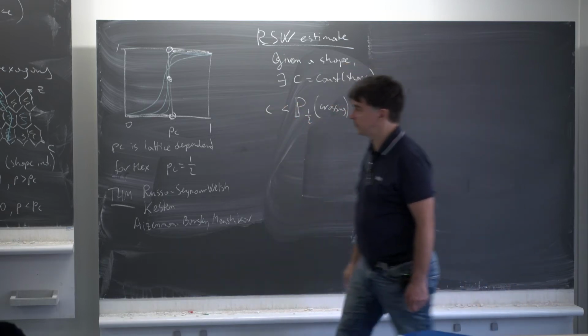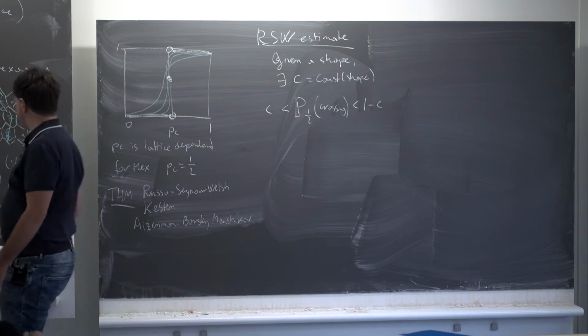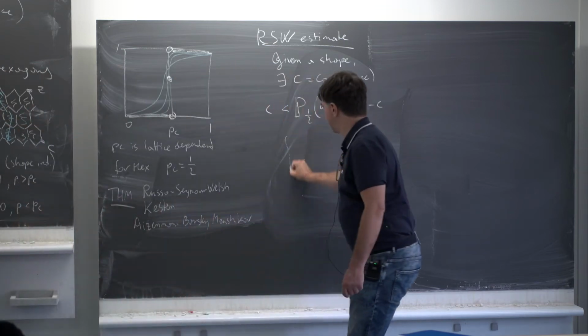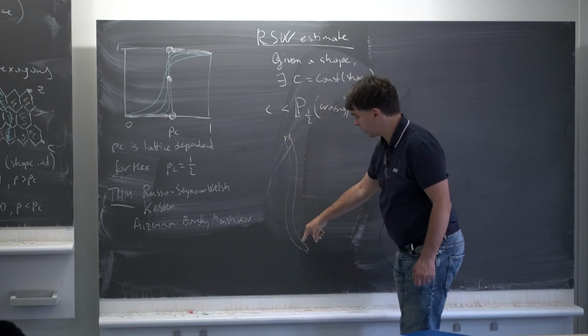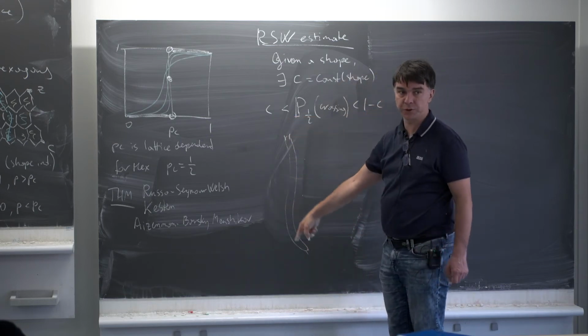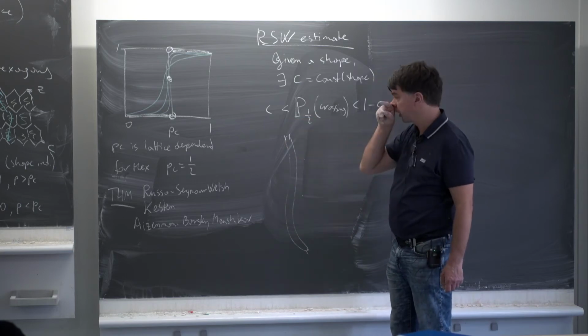So if I fix a shape, for example a very, very long shape, there is a very low probability that there is a crossing because it has to go all the way through.